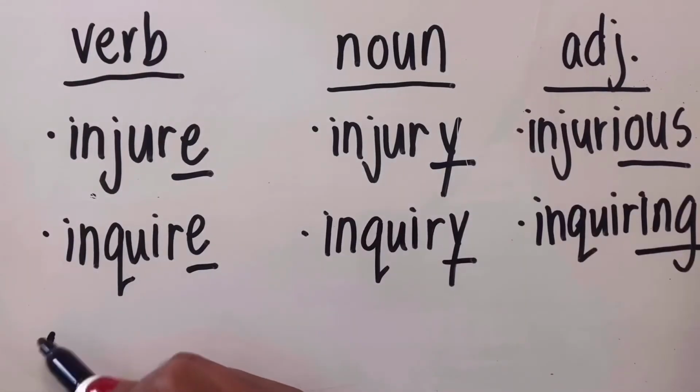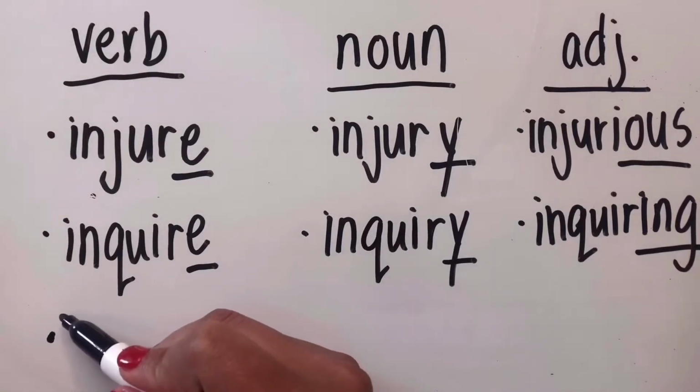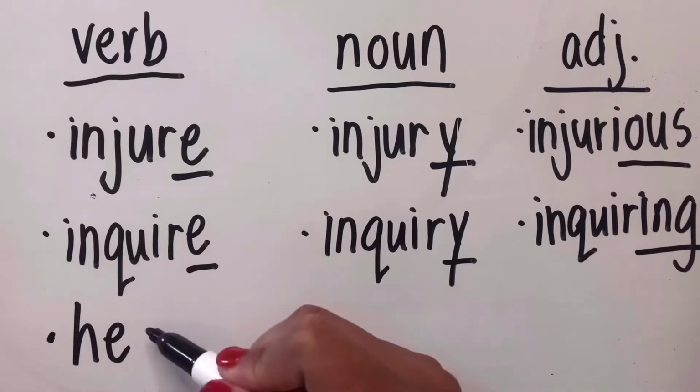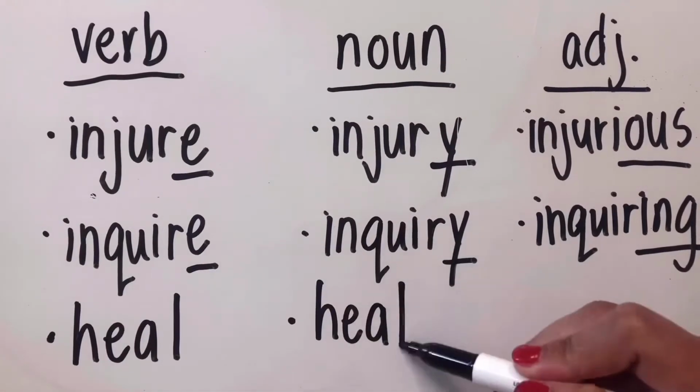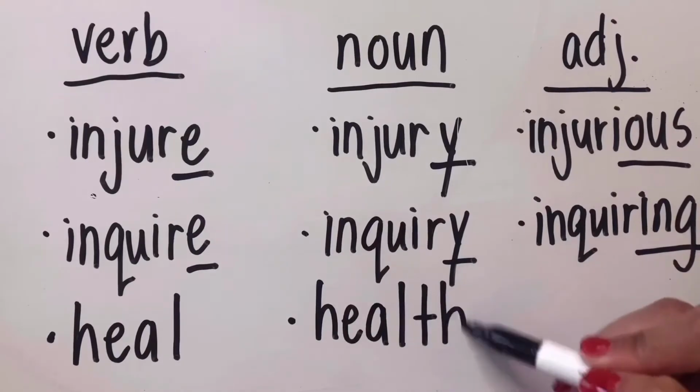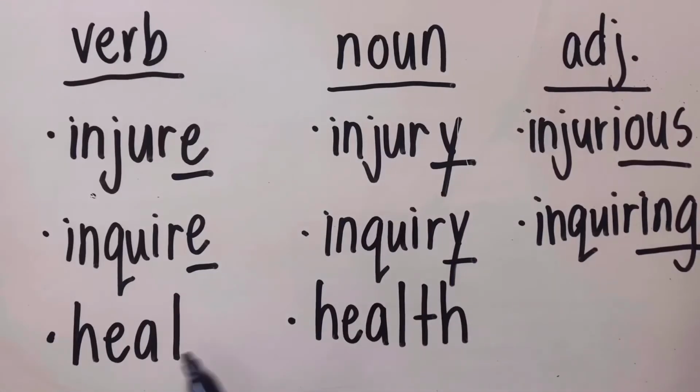Here is another example that does not follow this particular pattern. Take a look at what happens. I can heal. As a noun, I would say I have health. So from heal, we added TH, and now it is a noun, a thing. Someone can have this, health.